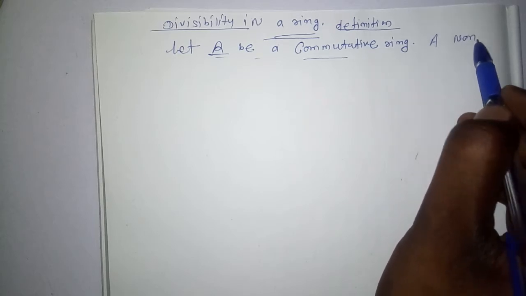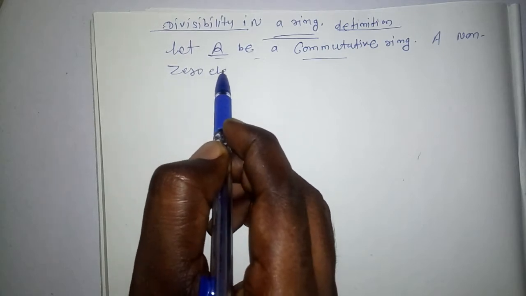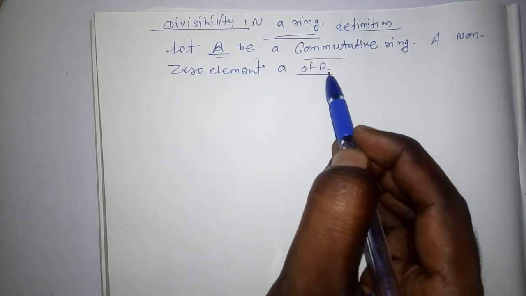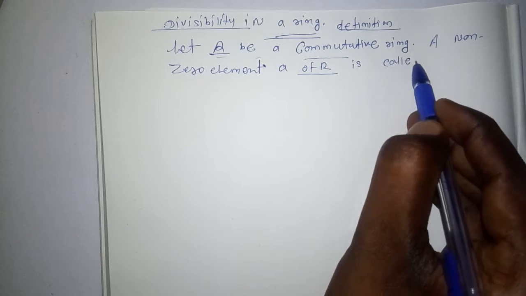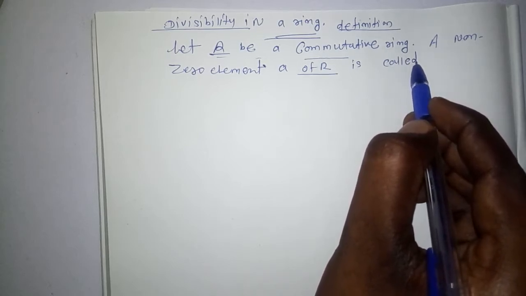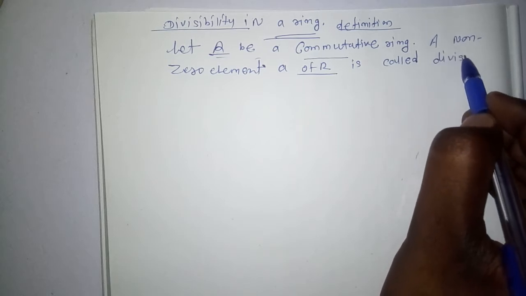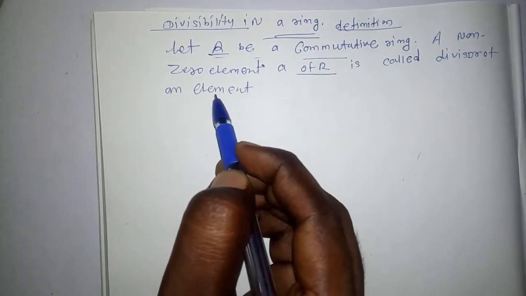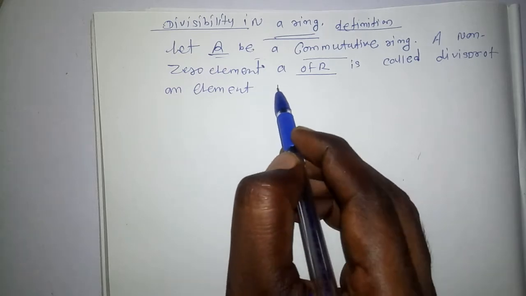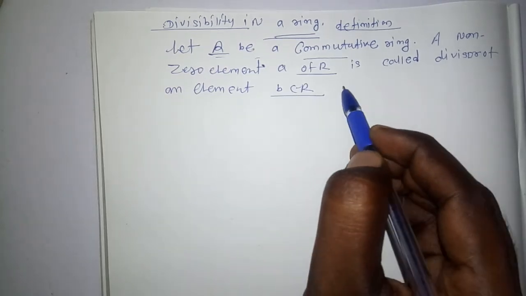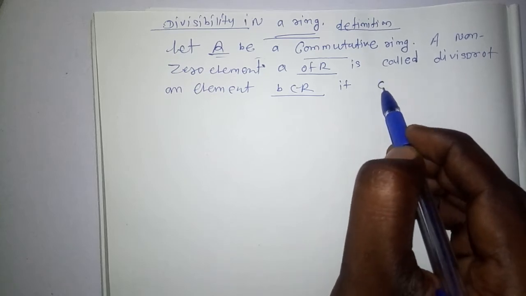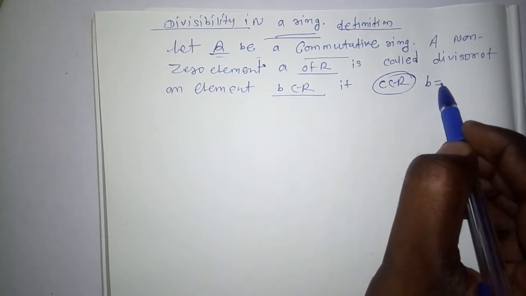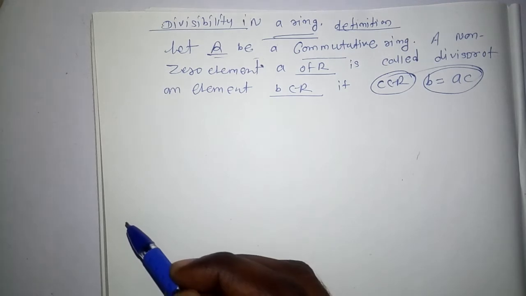A non-zero element A of R is called a divisor of an element B belonging to R if there exists C belonging to R such that B is equal to AC.